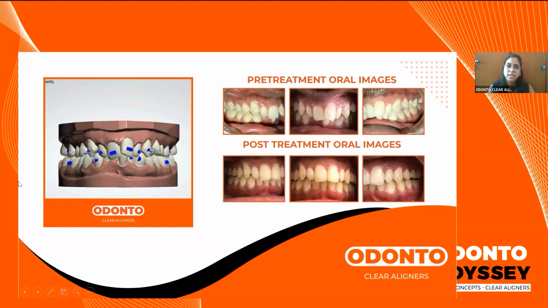So a case like this would go into your moderate category, which will require more than 25 sets for correction. And this will require sequential movement. And for that, we need to place attachments also. Sometimes all attachments cannot be placed right at the start. We need to place few attachments at the first stage, and later on, few attachments can come into the picture.